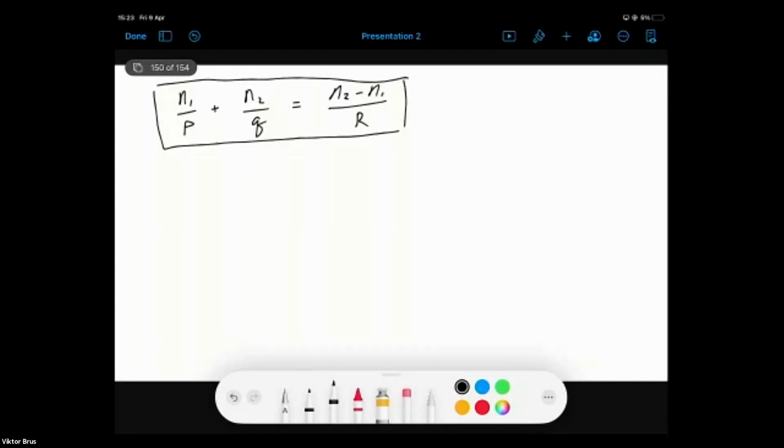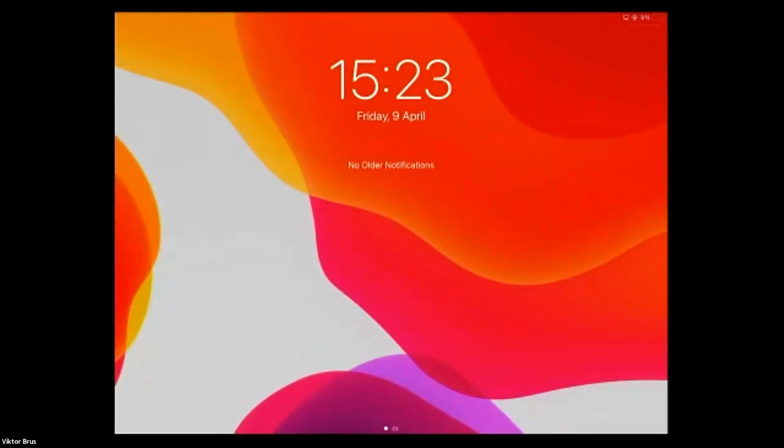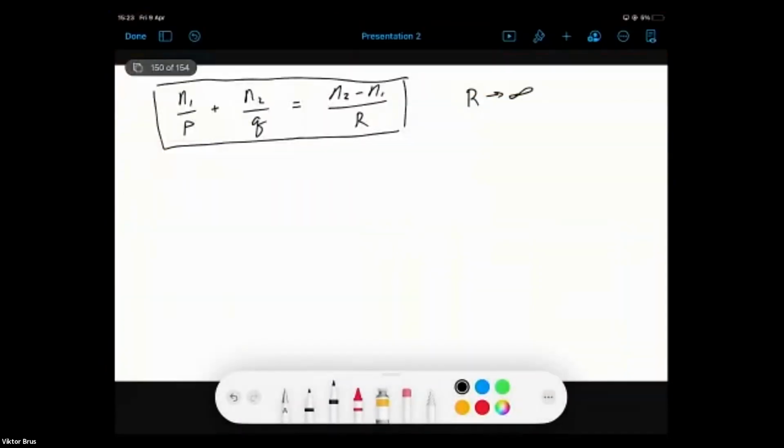If we have a flat interface, then R, the radius of the curvature, approaches infinity, and then we can write n1 divided by P is equal to minus n2 divided by Q.